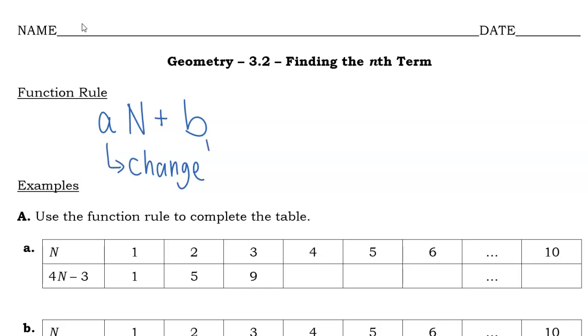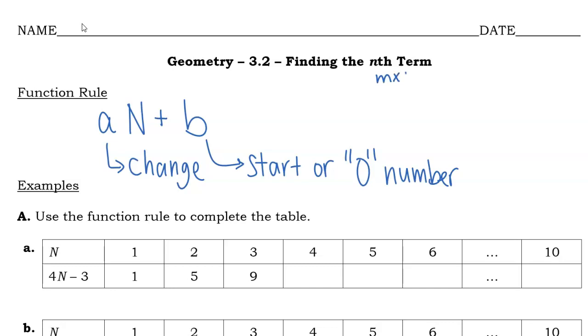And then behind that, we're going to call that the zero number or the starting number. Now, I did say that this is going to be mostly linear equations, so hopefully this is kind of familiar. It's basically mx plus b. We're just using some different letters to say how it changes and working backwards to the starting value.